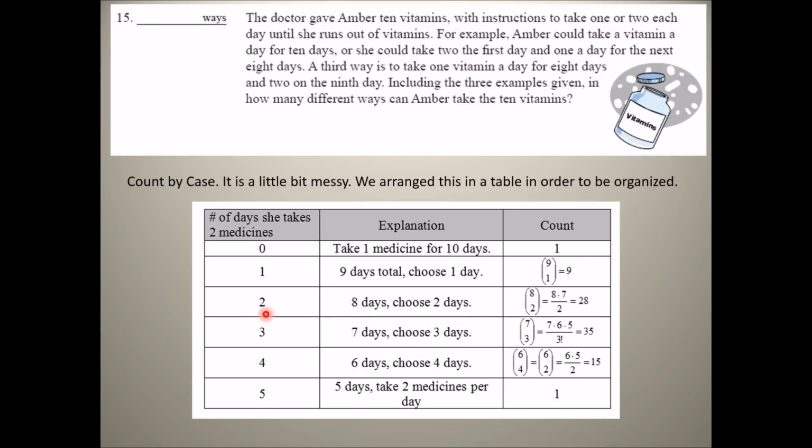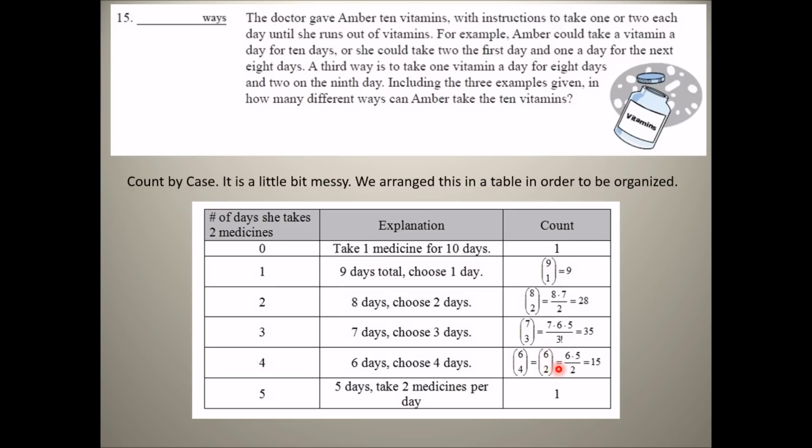Now she takes 2 medicines for 3 days, she has 7 days total, and she chooses 3 of them to take 2 medicines. So she has 7 choose 3, which is 7 times 6 times 5 over 3 factorial, which is 35. So if she takes 2 medicines for 4 days, she has 6 days, and she chooses 4 days, which is 6 choose 4, or in this case we could do 6 choose 2 because she's really just choosing which 2 days she takes one medicine, and 6 choose 2 is easier to calculate than 6 choose 4.